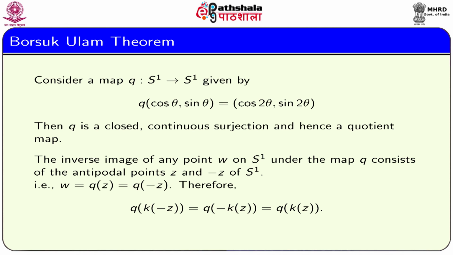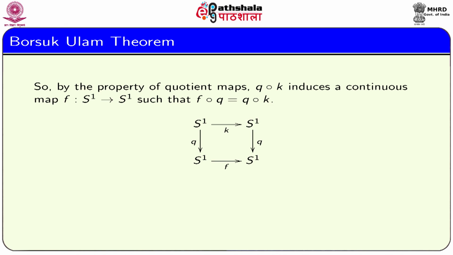That is, W equal to Q(Z) equal to Q(minus Z), and therefore Q of K(minus Z) equal to Q of minus K(Z), and that is equal to Q of K(Z). So, by the property of quotient maps, Q composed K induces a continuous map F from S1 to S1 such that F composed Q is equal to Q composed K as shown in the diagram.